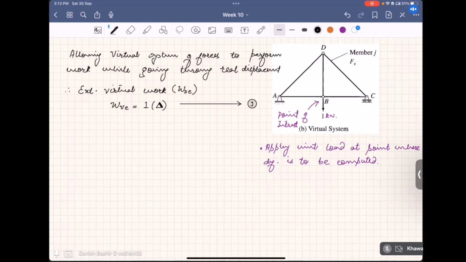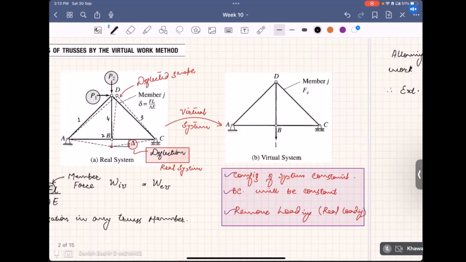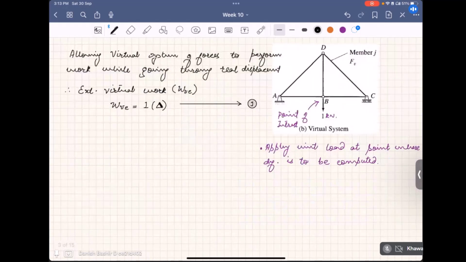Now, we found the external virtual work. Now we have to find the internal virtual work.